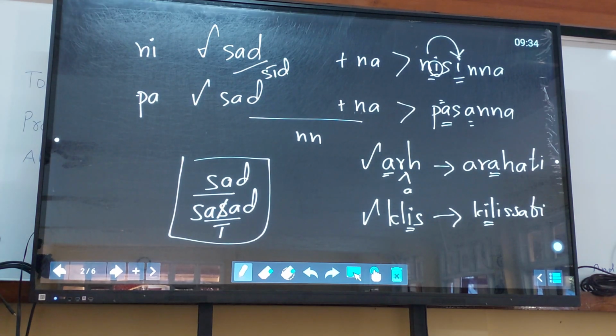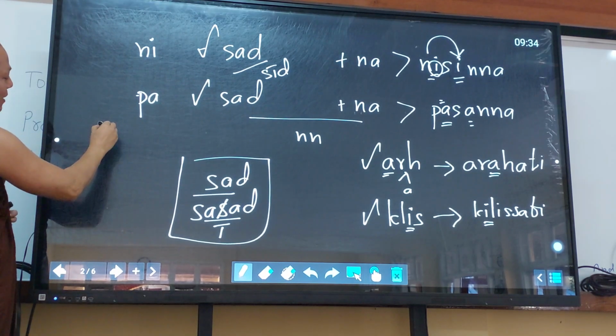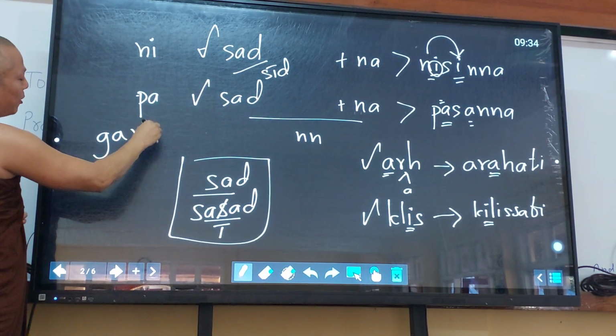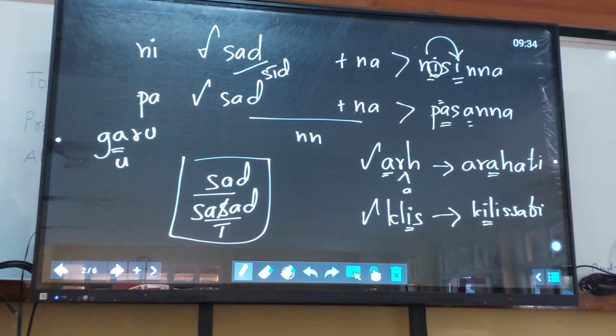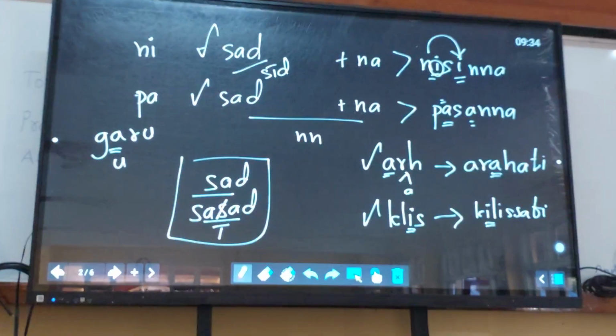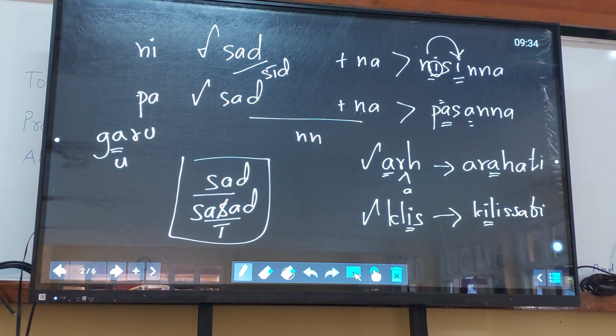Reasonable one is a bit important to remember, to last in our brain. So we have guru also, teacher, but later changed to guru. In this way also we can find such influence of the neighboring vowel.